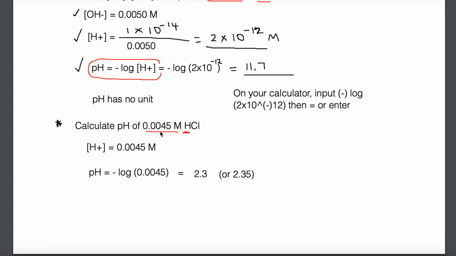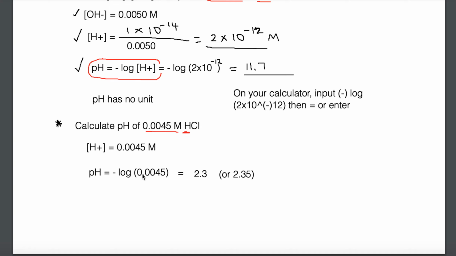Okay, now we got 0.0045 molarity HCl. HCl has hydrogen, as I underscored here, and that's exactly what H plus is, 0.0045. And then, if you have the H plus, you don't need OH minus to calculate pH, because pH is minus log of H plus.